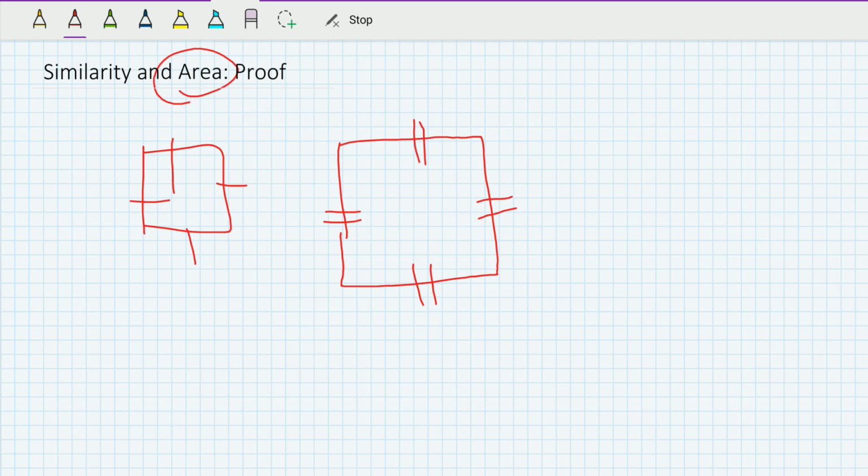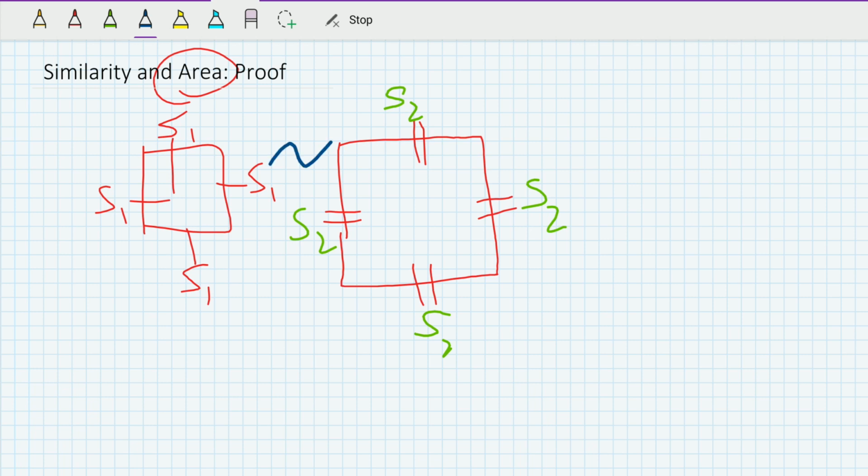So let's go ahead, and I'm just going to call this side length 1 because you know that it's a square, so that means all the side lengths are the same. For the second one, I'll call it side length 2, but I'm going to say that these are in fact similar to each other. So what that means is that there is a scale factor, and I'm going to call it SF for scale factor.